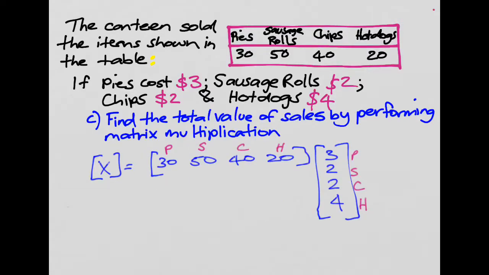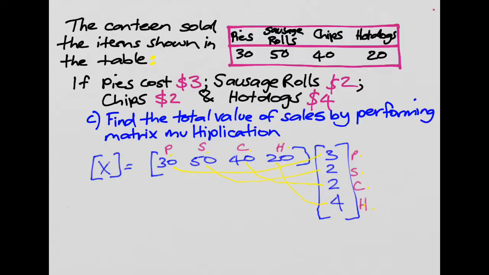Now let's go ahead and do this problem. We need to be careful that when we're multiplying it out, each number is in the correct order within the matrix. So we've got pies, sausage rolls, chips, hot dogs in that order. They need to be in that order because when we go to multiply that out, 30 times 3 plus 50 times 2 plus 40 times 2 and 20 times 4, it's got to be the hot dogs times hot dogs.